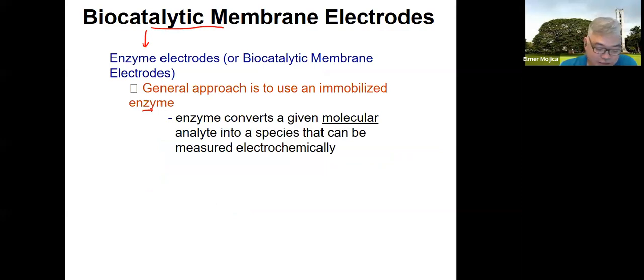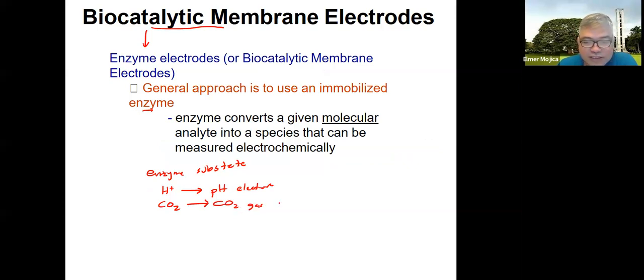So what we need here is an enzyme substrate. So far we know H plus, there's a pH electrode on it. And the carbon dioxide, there is what? A CO2 gas sensing electrode in the previous example.